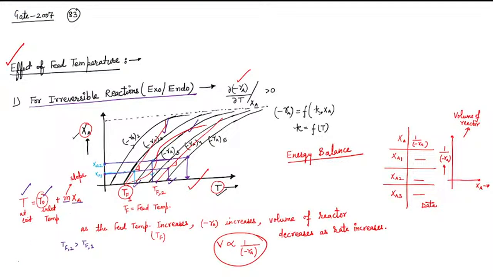Pressure slope should be decreased. First of all, tell me what is the slope of this curve? What is the m? Tell me what is the m of this curve? Because I already told you this thing.